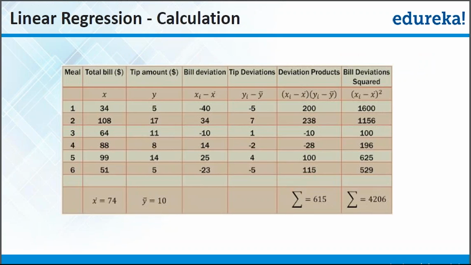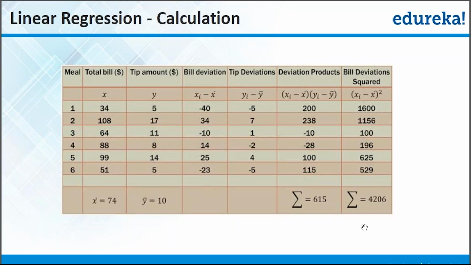Tip deviations: if you look at it, they've calculated the slope and the intercept here. x minus x intercept, y intercept, minus x squared. Bill deviation: tip deviations, deviation in the products, bill deviation squared.